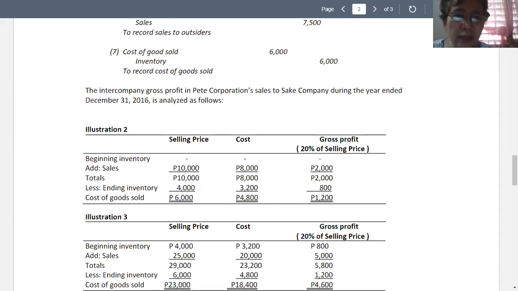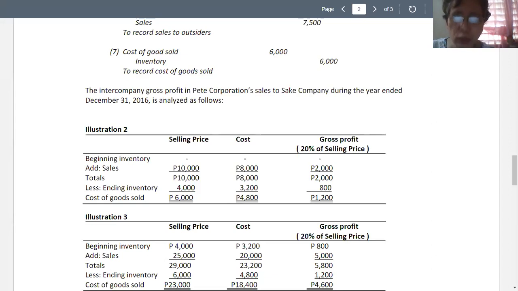So we now get the totals for the selling price 29,000, for the cost 23,200, and so the applicable gross profit is 5,800. We deduct the ending inventory of 6,000. The cost of that is 4,800.